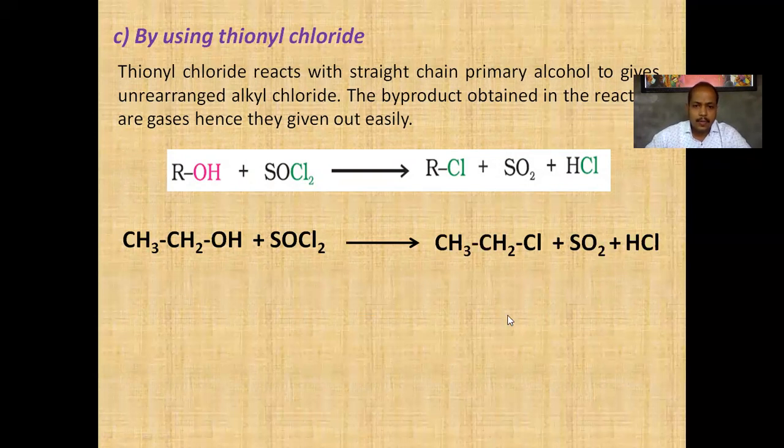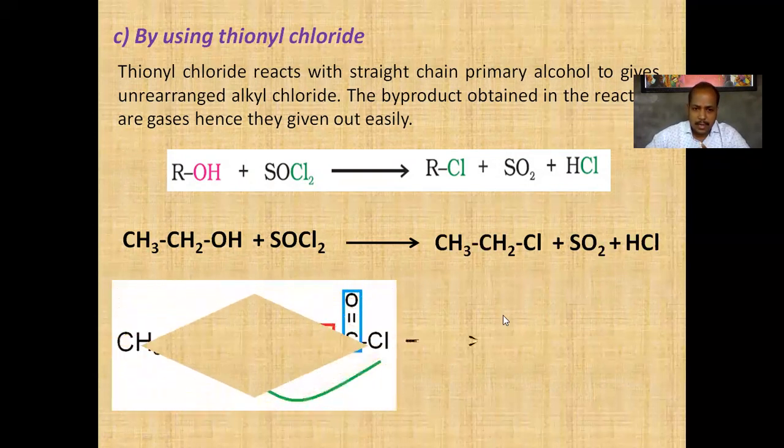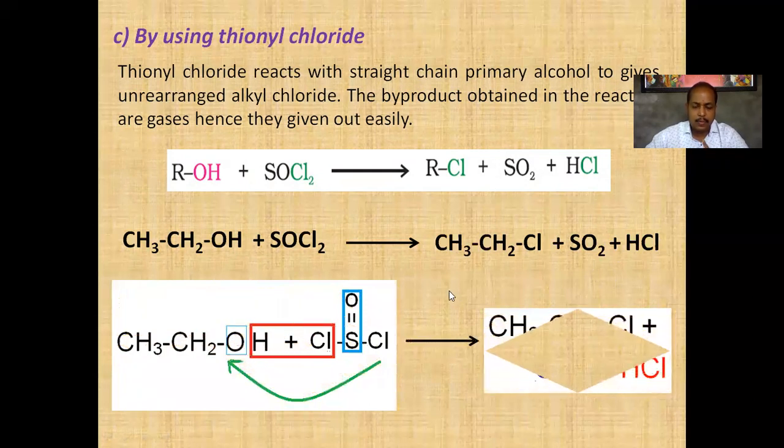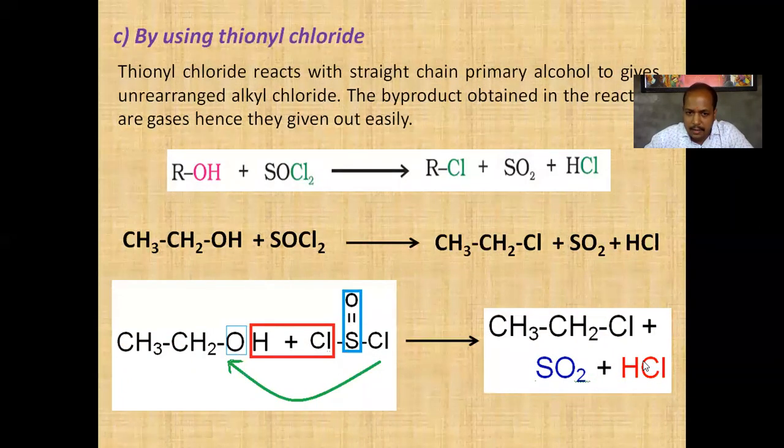Now for your better understanding, I have drawn this structure. You should carefully note that this is not the actual reaction mechanism. I have shown this only for your better understanding. Here what happened? This H and Cl go out as HCl.